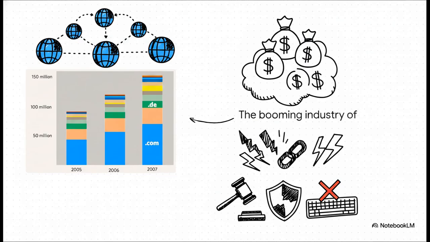You can literally see the incredible, rapid growth of top-level domains like .com and .de. The idea spread like wildfire and created an ecosystem that accounts for hundreds of millions of dollars in revenue.